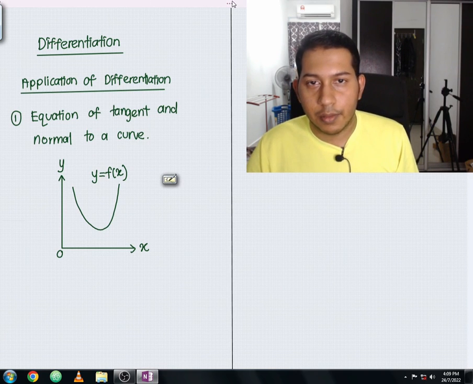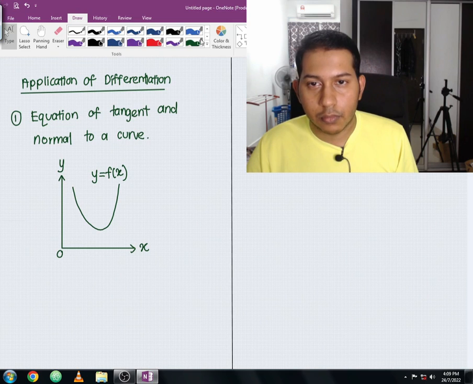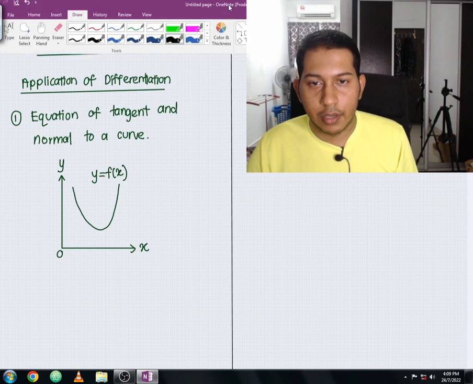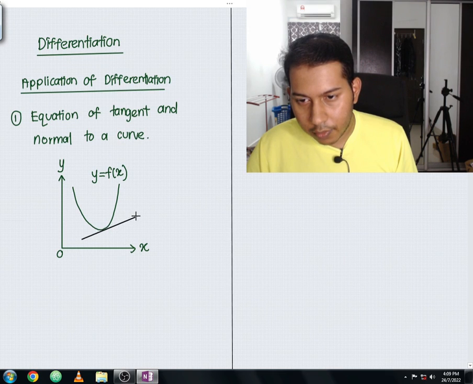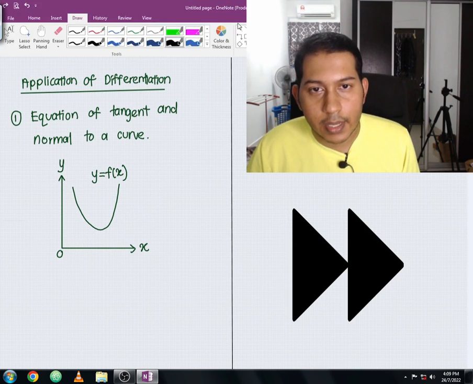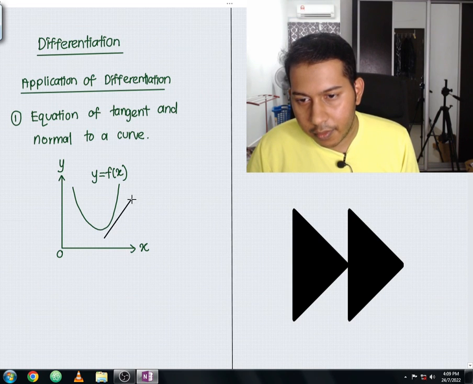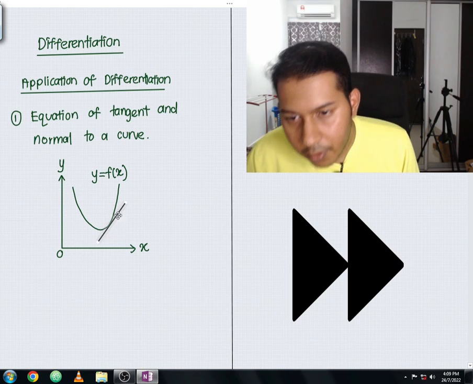So from here, let me just draw a tangent line to the curve. I'll try my best to get it as accurate as possible. Yeah guys, second try. Is this close enough?